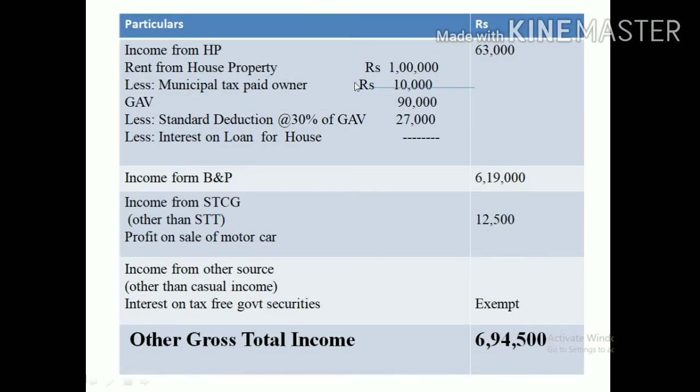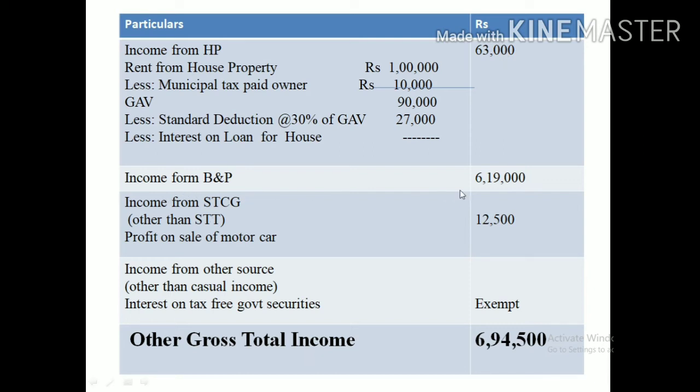Rent from house property is 1 lakh, then less municipal tax paid by the owner is 10,000. Remaining balance is 90,000, called the gross annual value, and deduct the standard deduction at 30% on GAV, which is 27,000. 90,000 at 30% is 27,000. One more, interest on loan for house, if there is any, should be deducted. Then you will get income from house property, that is 63,000.